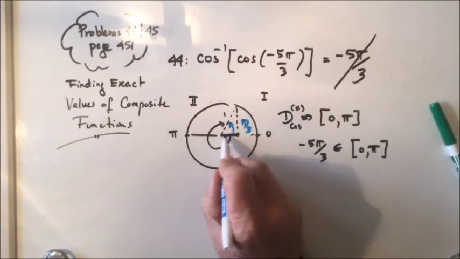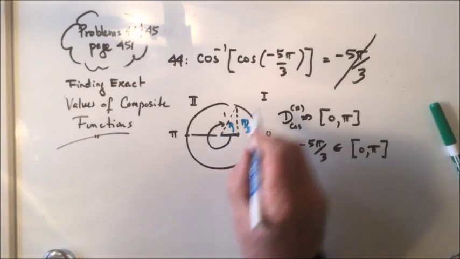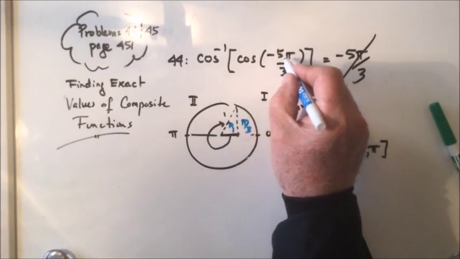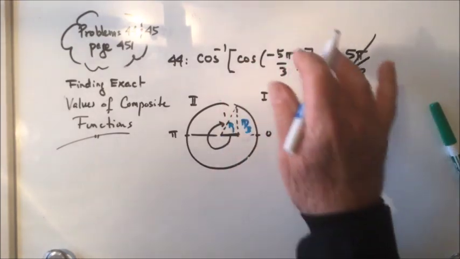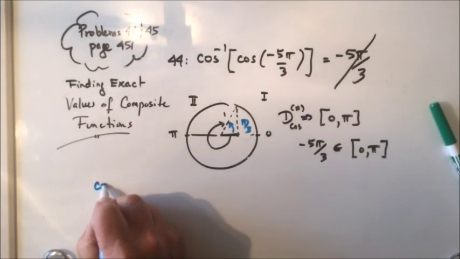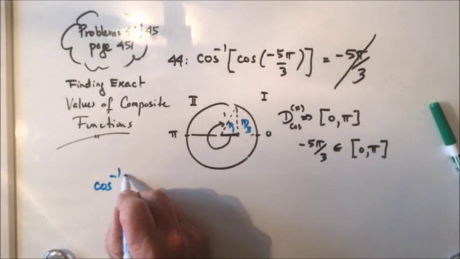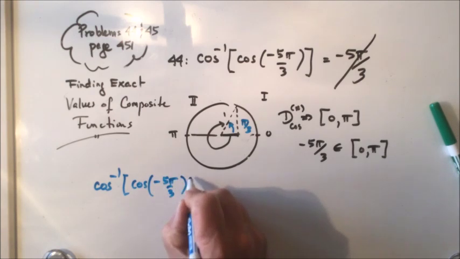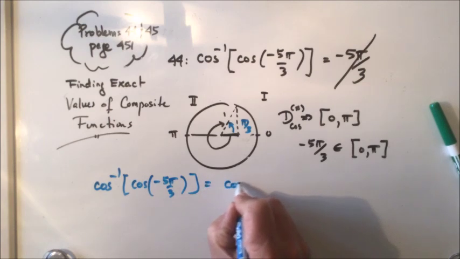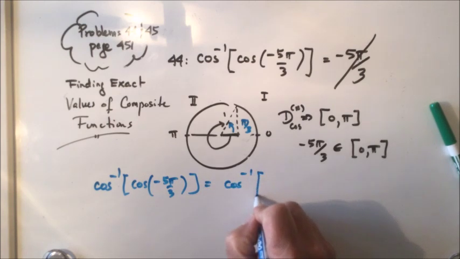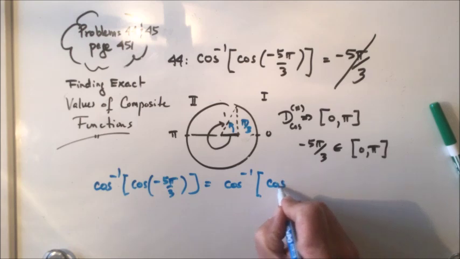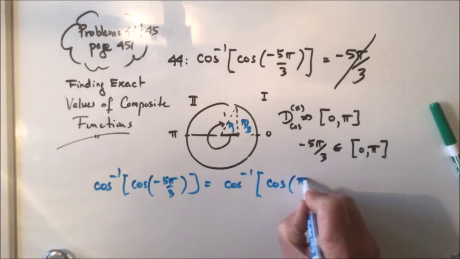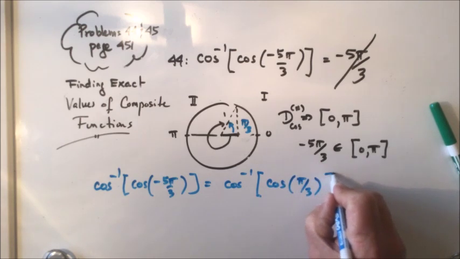Okay, so we're talking about the same thing. The same cosine goes here as here, same value. But now I can proceed. I'm going to say arc cosine of the cosine of minus 5 pi over 3 is equivalent to, and I'm struggling to know how to define that myself, arc cosine of the cosine of pi over 3.